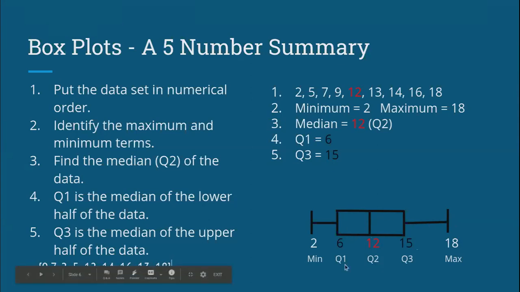So again, when you construct the box and whiskers, you are using 5 terms: the minimum, the median of the lower half of the data, the median of the data set itself, the median of the upper half of the data, and the maximum value of the data.